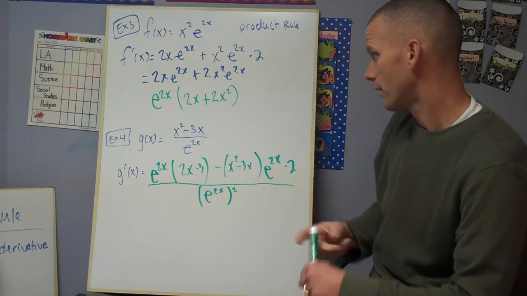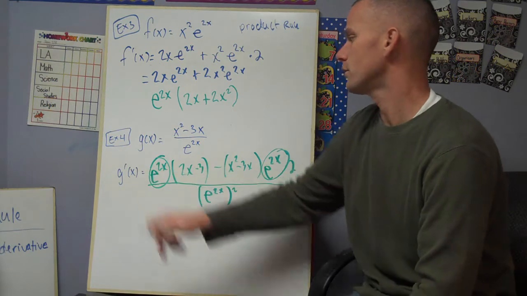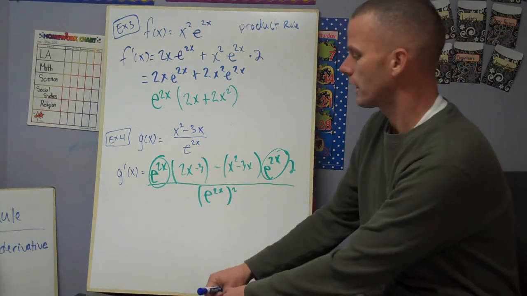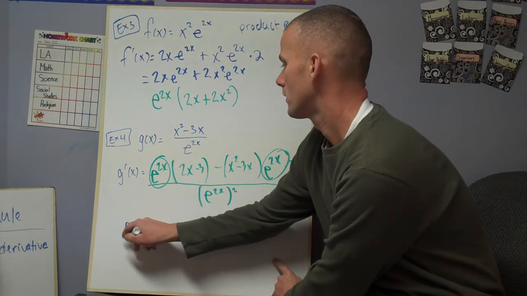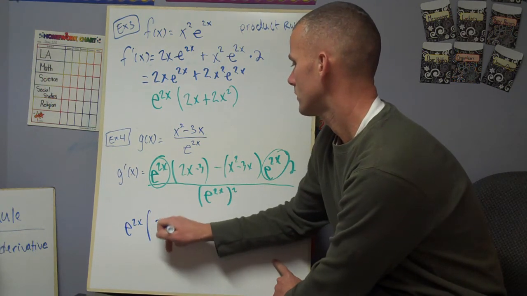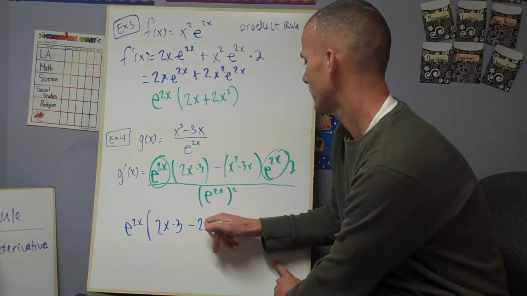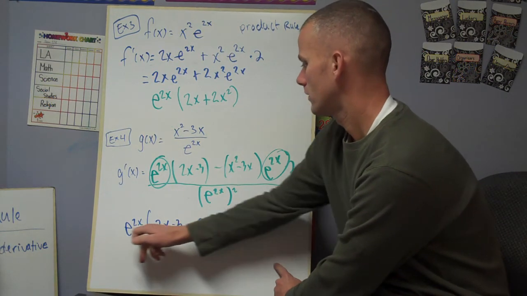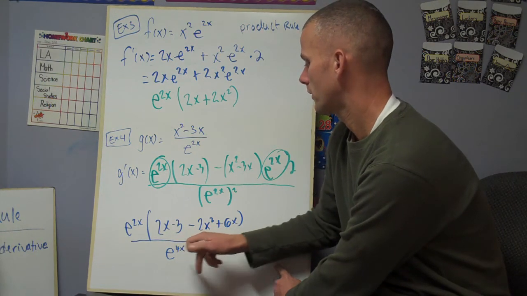So, things that I would do, again, e to the 2x, e to the 2x, I'd probably go ahead and factor those out. So now I'm looking at this: e to the 2x times 2x minus 3, minus 2x squared plus 6x, all divided by e to the 4x power.